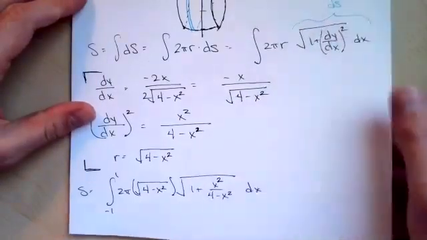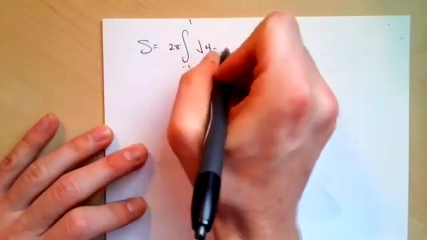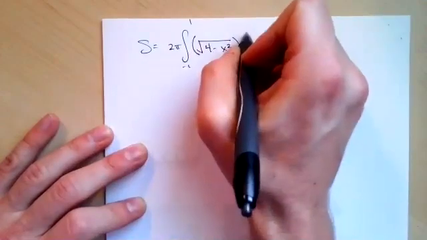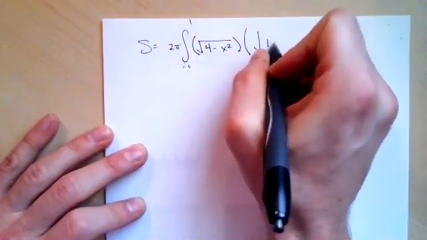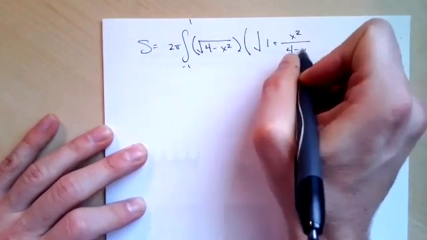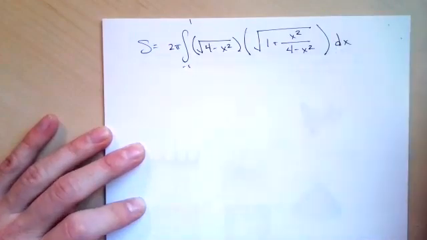Okay, so basic algebra. How do we simplify this? And then we can talk about the techniques of integration. Let's go ahead and rewrite it. Pull out 2 pi, and we had square root of 4 minus x squared times square root of 1 plus x squared over 4 minus x squared dx.